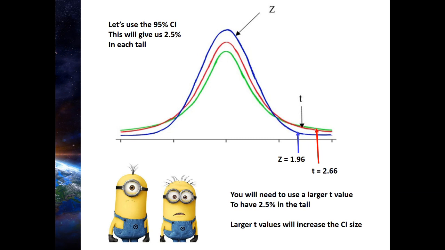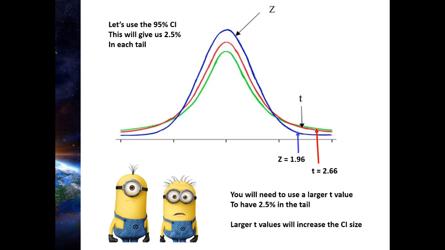So researchers really try to get samples of 30 or greater because they know if they're using anything less than 30, SPSS will default to a t, and that's going to increase the size of the confidence interval, and we're going to lose precision. All right?